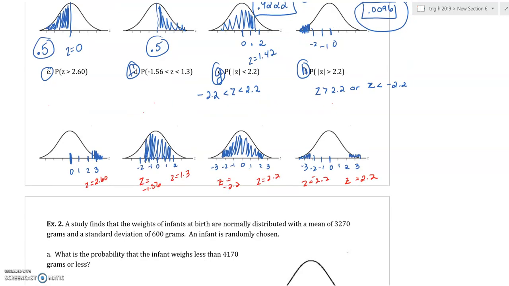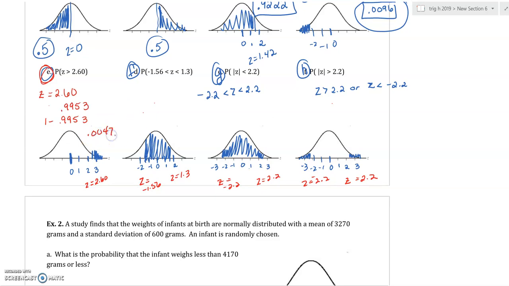So first of all, we have a z-score for the first part E here of 2.6. So if you look at your table, the value associated with z equals 2.6 was 0.9953. So if we go ahead and do 1 minus 0.9953, because 100% of the data falls under the curve, you end up with 0.0047.